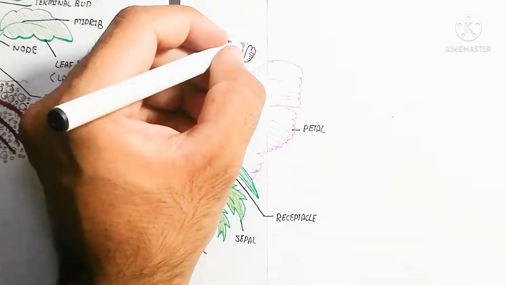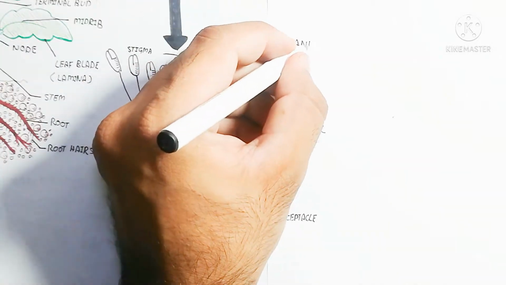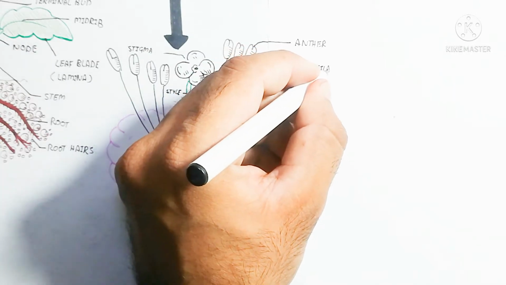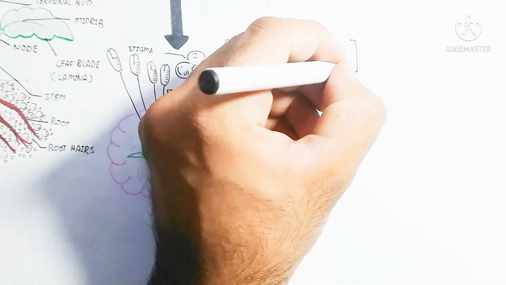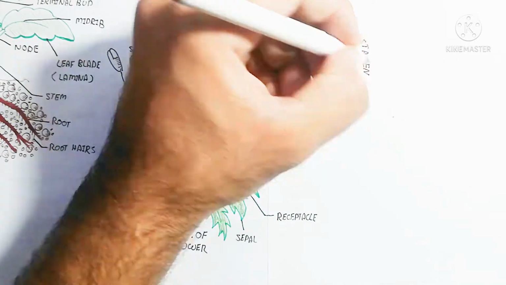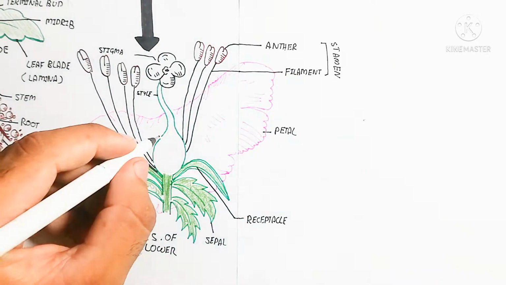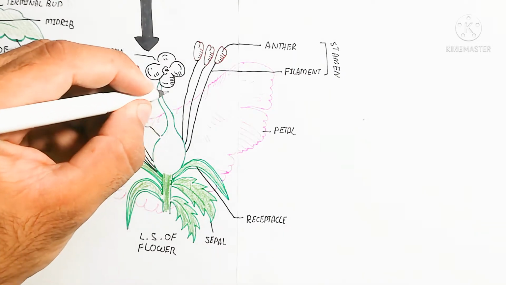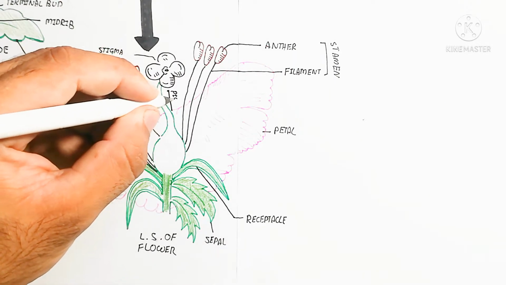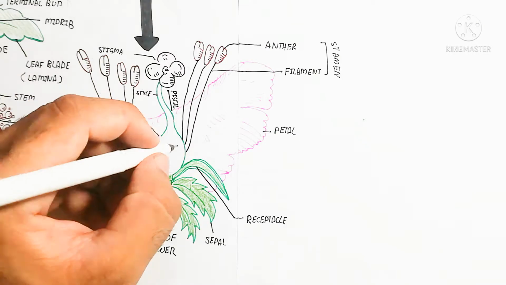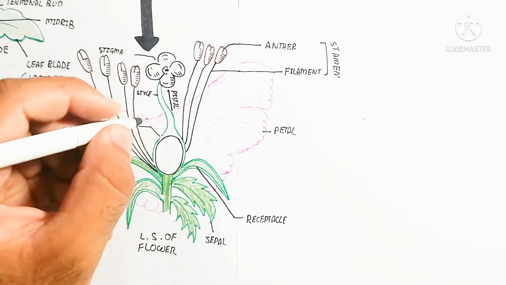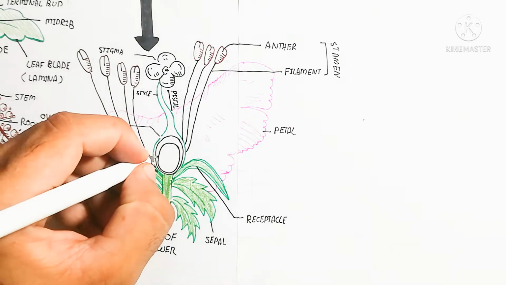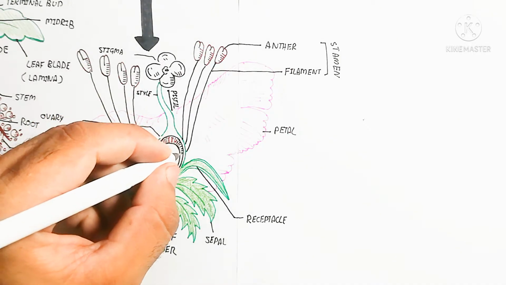While here is the stigma. The stigma is coated with mucilaginous sugary material, which traps the pollen grains. And here are the anther and filament, which are collectively known as the stamen. While here are the pistil and ovary, which are collectively known as the female organ.